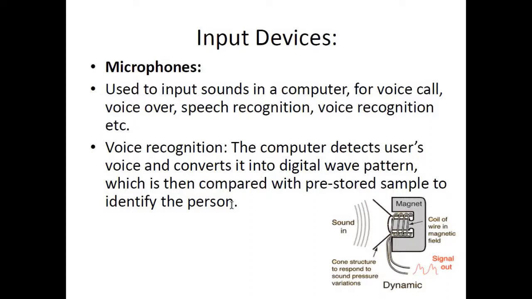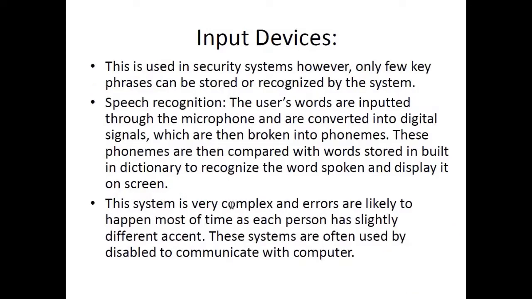The computer records your voice, converts it into a digital pattern, and then compares it with the pre-stored value and decides whether you are the authorized person. If your voice matches the stored value, then the door opens, otherwise it stays locked. Only a few key phrases can be stored or recognized by the system.